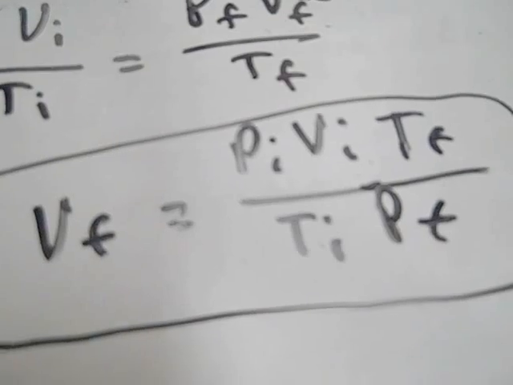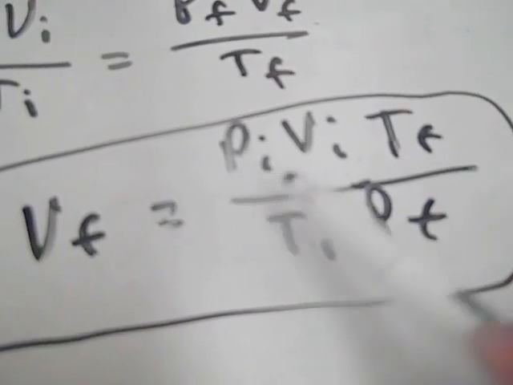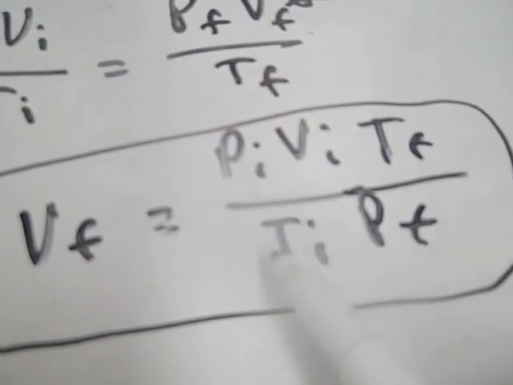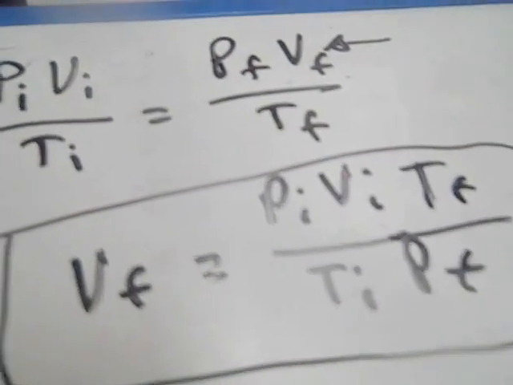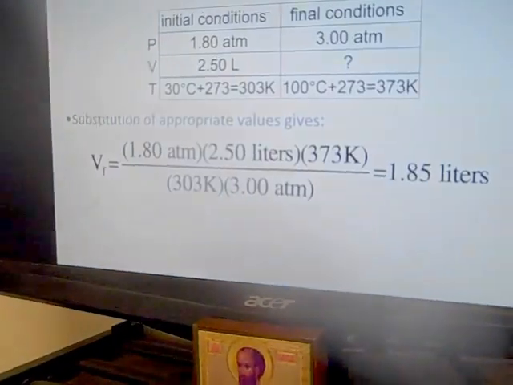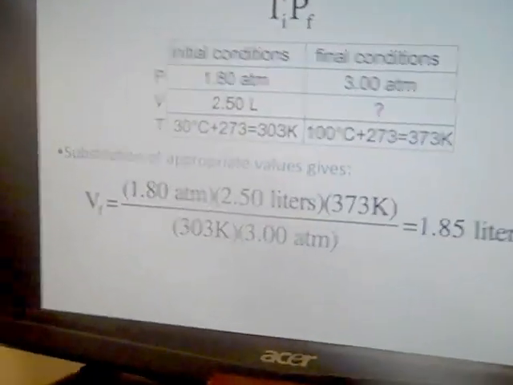And so what we would do here is substitute the various values from the table into these variables in the equation, and this is how it's done.